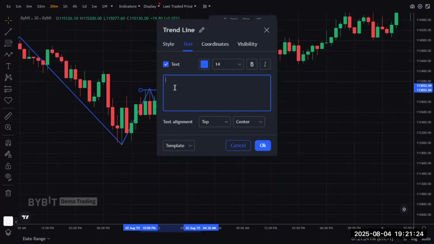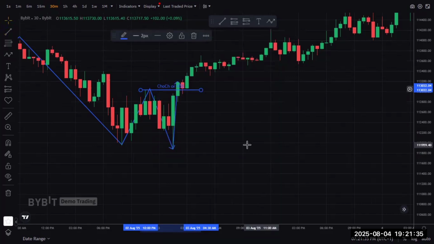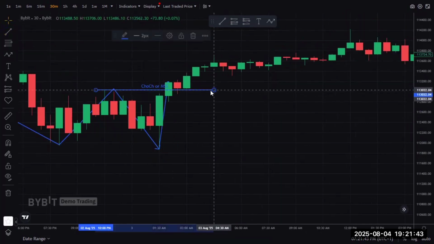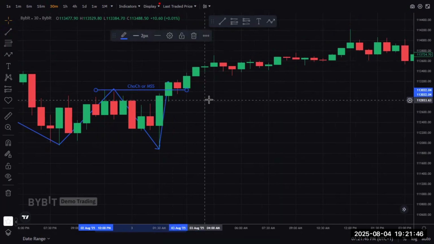So we have a change of character, shortened as CHoCH, or what some people say is a market structure shift, MSS. So we have a market structure shift occurring here, or we have a change of character at that level.